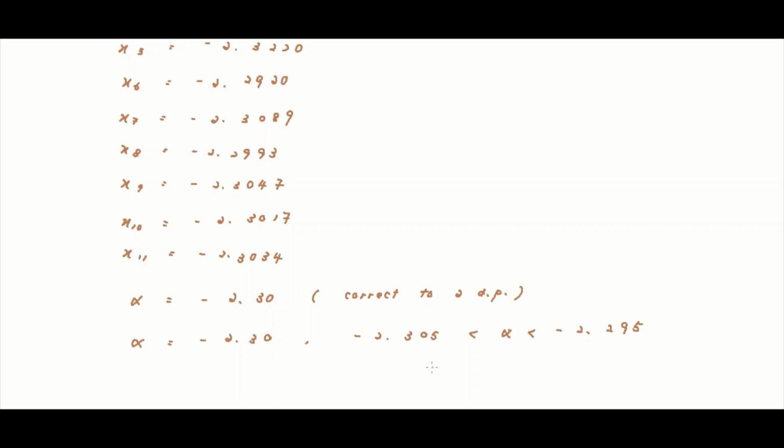The idea is that, what are examples of numbers that fall under this range? It will be like negative 2.304, negative 2.302, negative 2.299, negative 2.297.